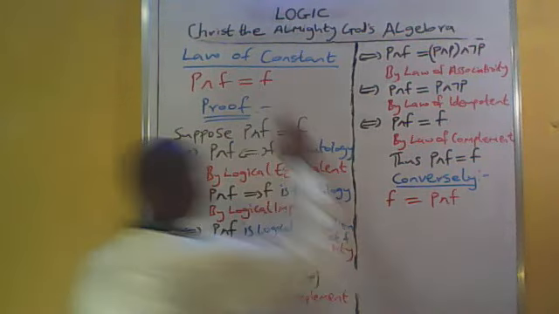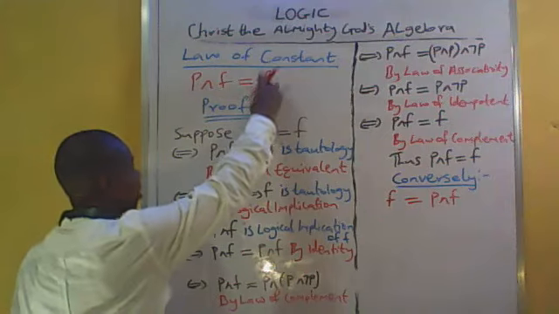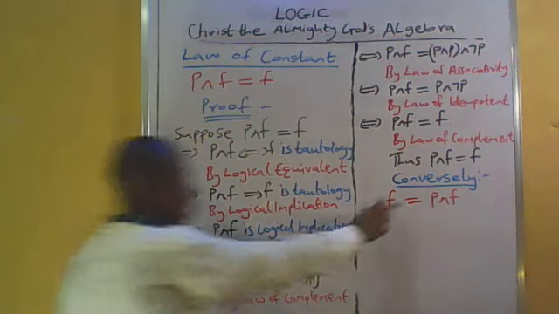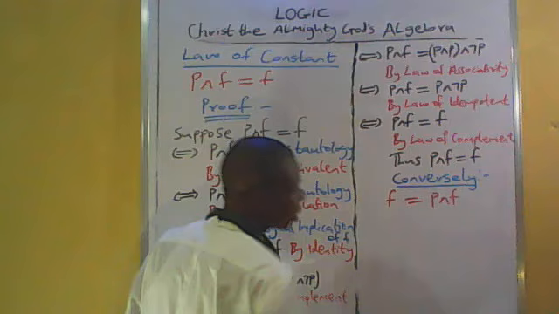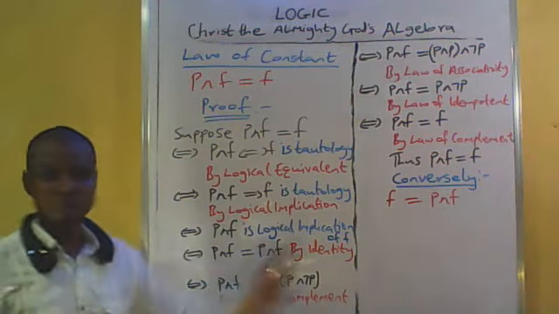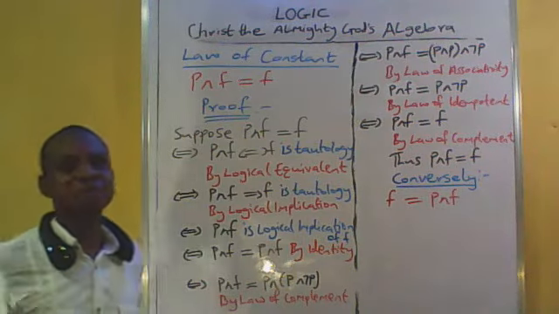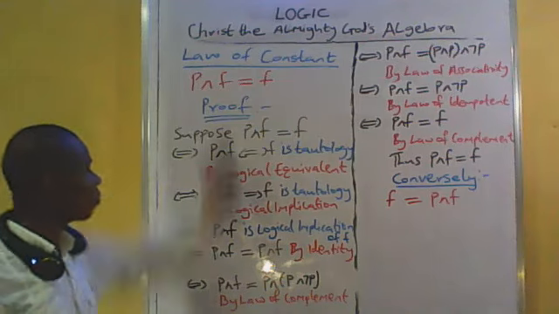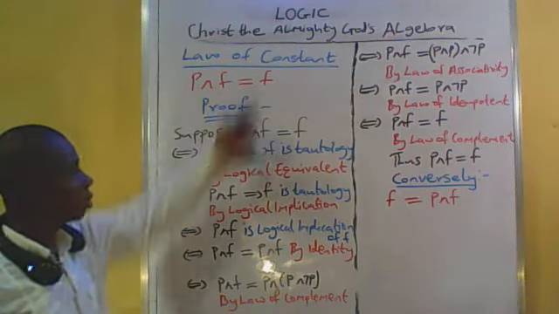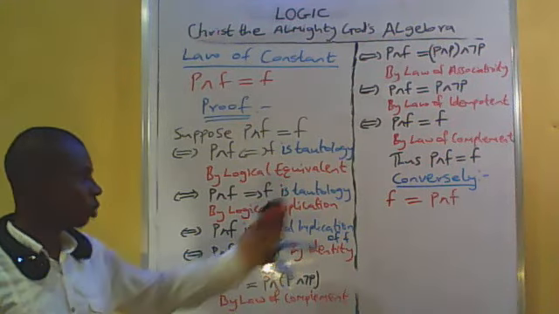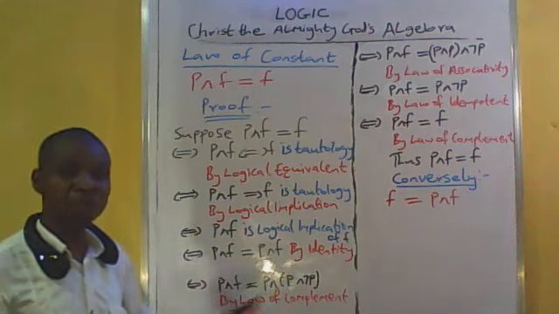Then F at the right side has now become F at the left side. Now it's the converse of P and F equal to F. So we are going to prove that this statement is also true.